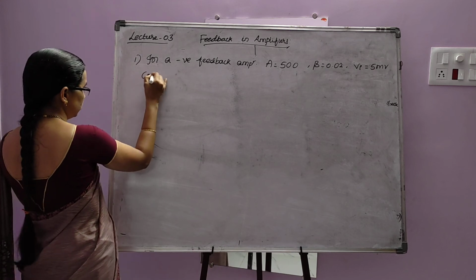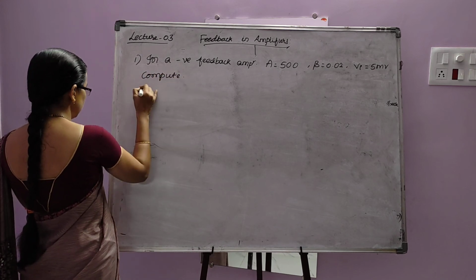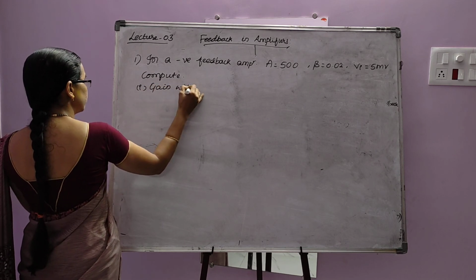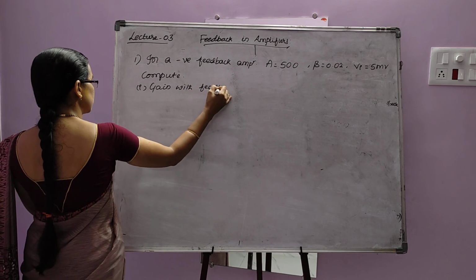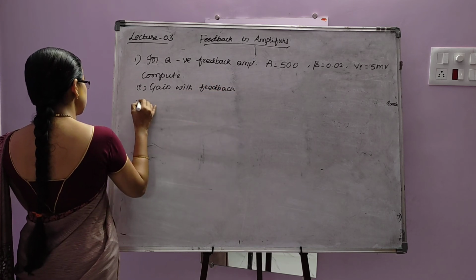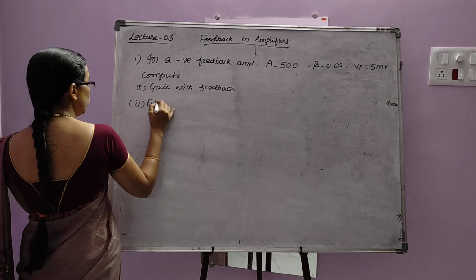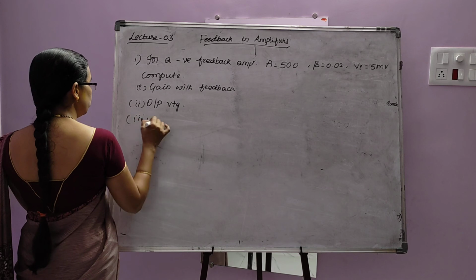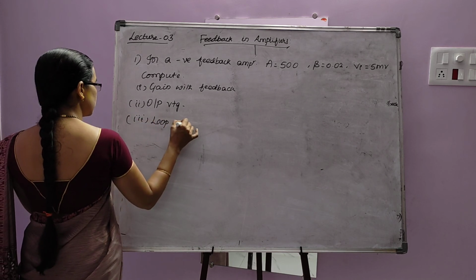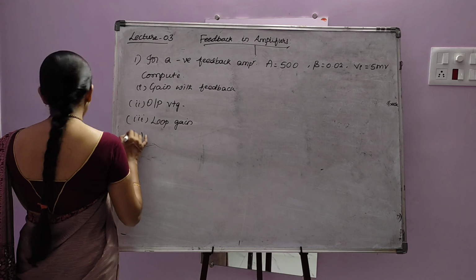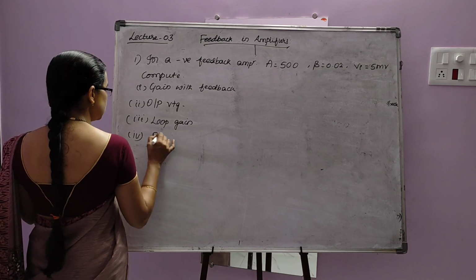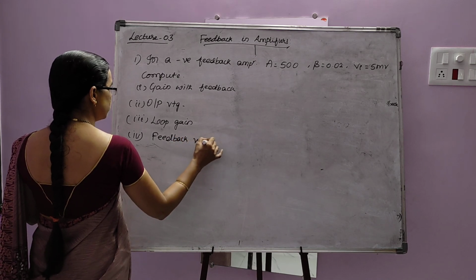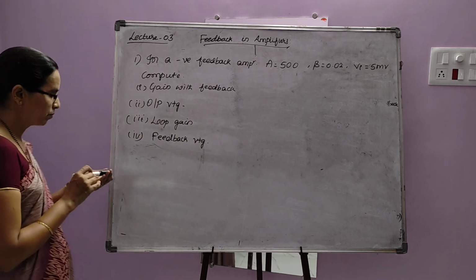Compute the gain with feedback. Second one, output voltage. Third one, again loop gain. And the fourth one, feedback voltage. The same problem that we have done immediately before this.